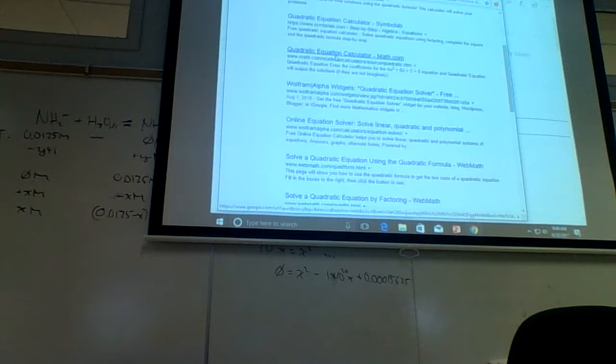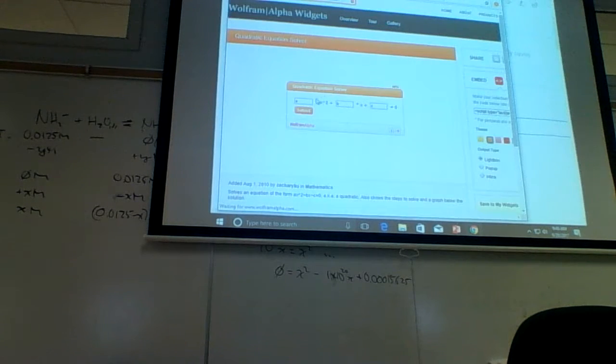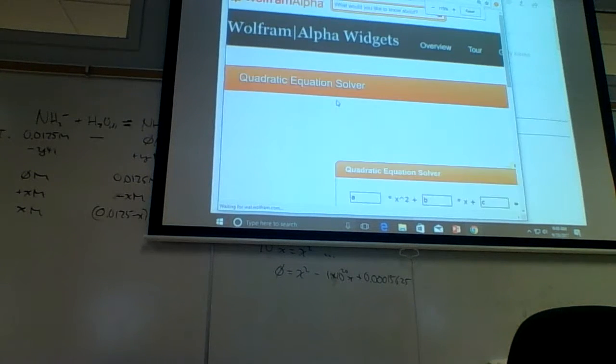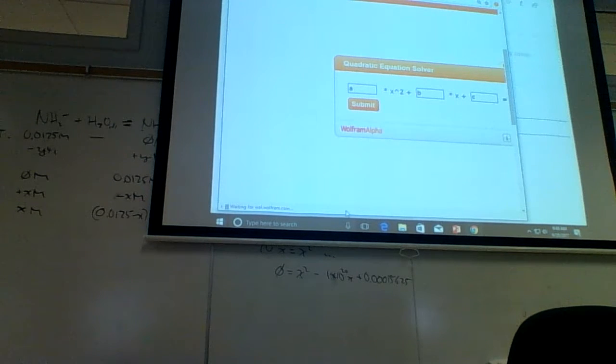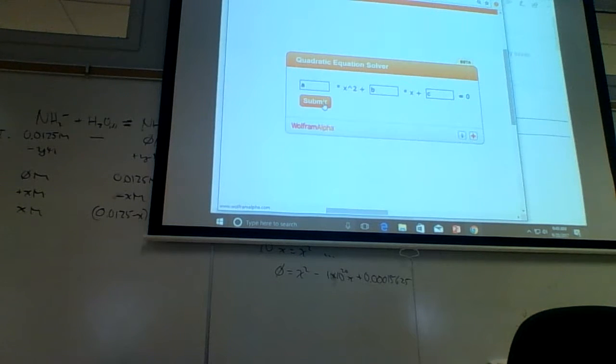Oh, how about Wolfram? Wolfram has a free quadratic equation solver. Now, Wolfram is pretty. Have you guys heard of Wolfram? They make an extremely powerful piece of software.